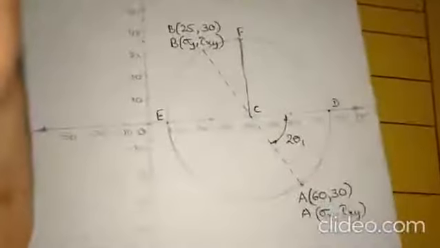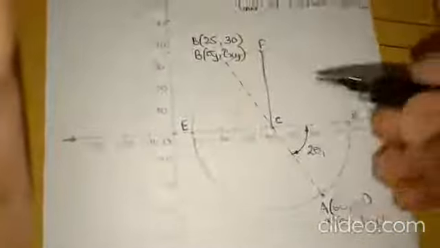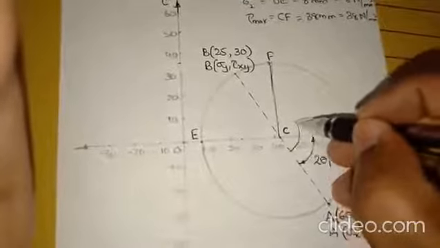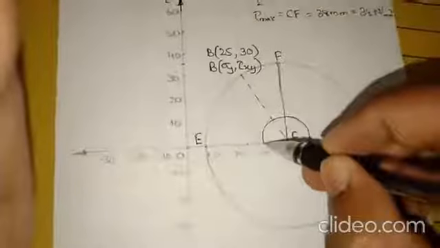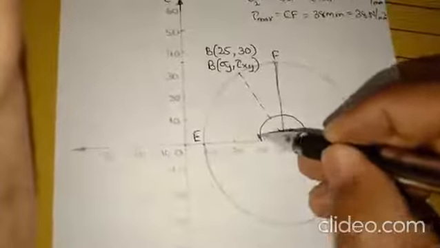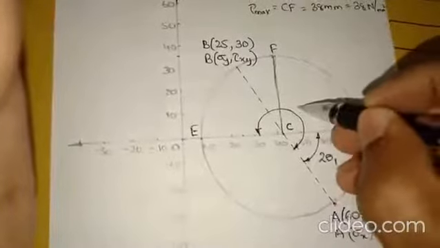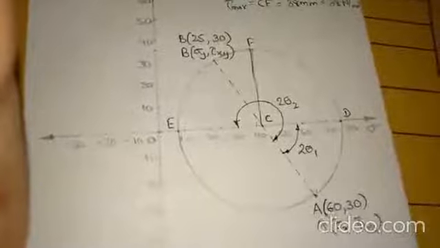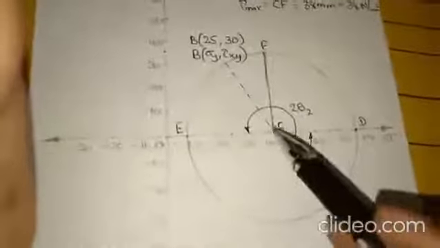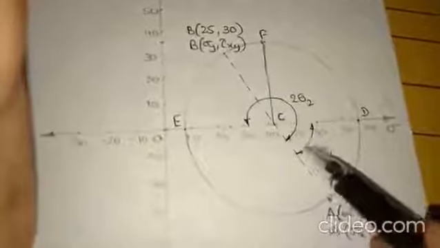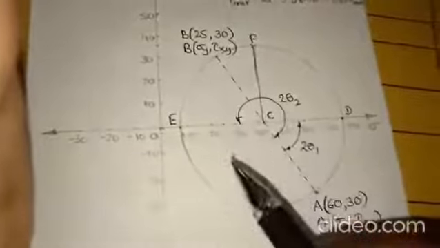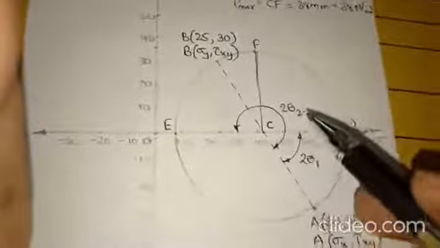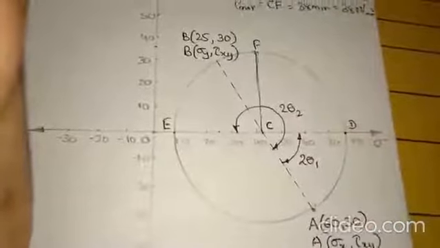Similarly, from here we will measure this angle, because sigma 2 is here. This represents 2 theta 2. You can see 2 theta 2 is nothing but 2 theta 1 plus 180 degrees, or you can measure with your protractor and get the theta 2 value from here.